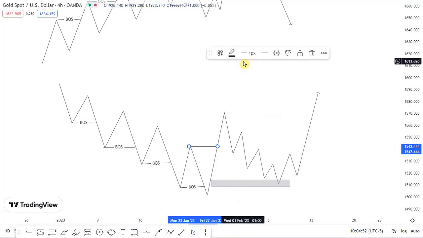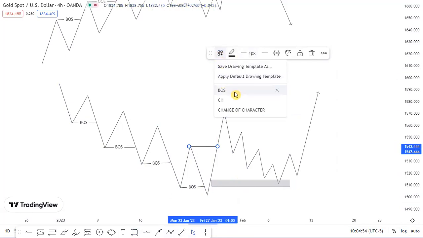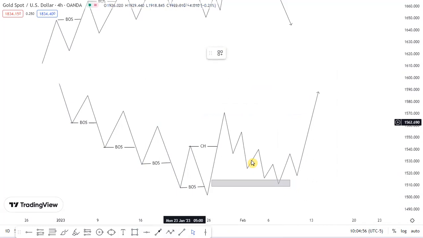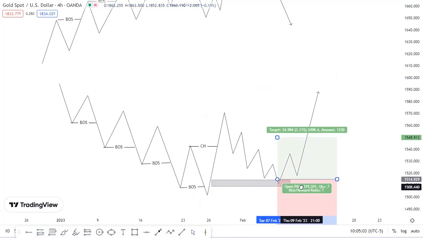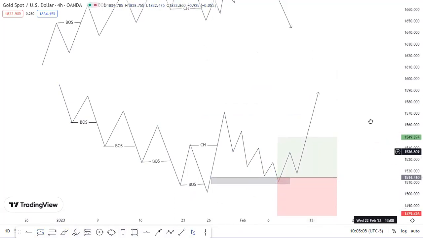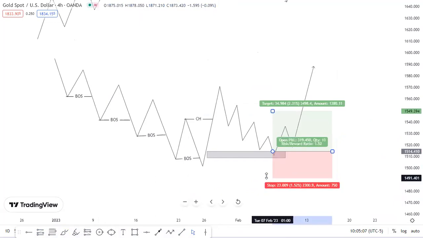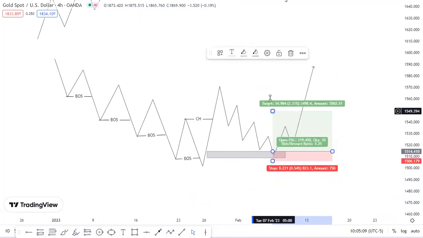So here we have our change in character, and then you can actually buy from here. If you want to be aggressive, you can buy from here and target the highs.